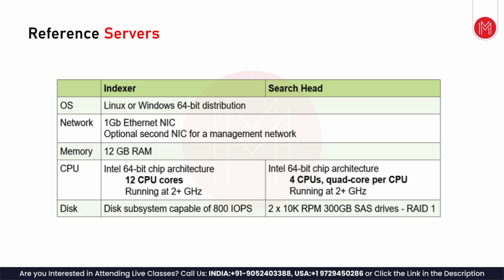How much data it is going to store depends upon the user requirement or application requirement. Usually it will store more than 1 GB or 2 GB every day. So that is the reason memory, CPU and disk, everything will be higher when compared to the search head.